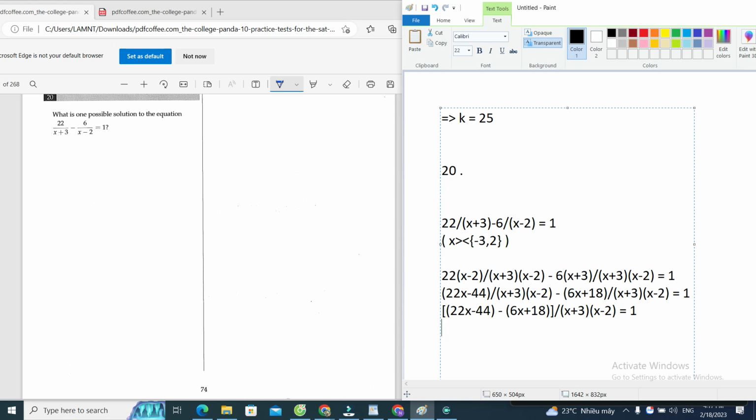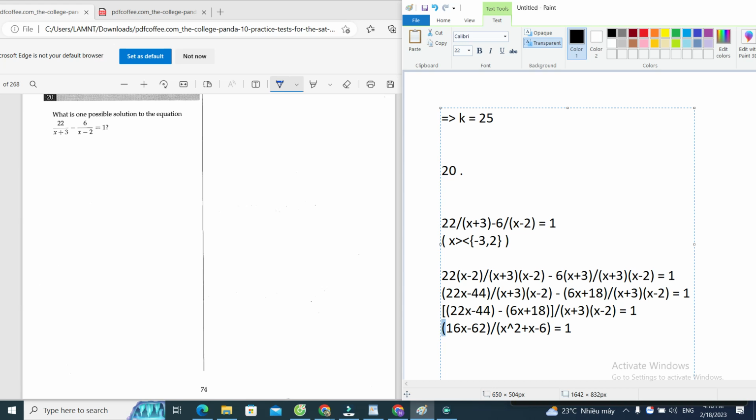On this side we have 22x minus 16x minus 62, so 62, over the denominator, which is x squared plus 3x minus 2x minus 6, is equal to 1. Okay, this is quite a hard solution.